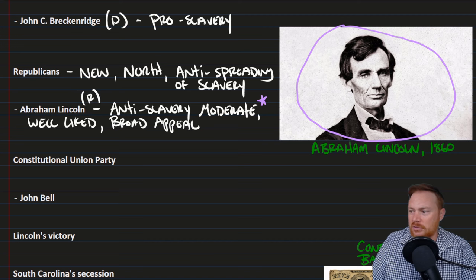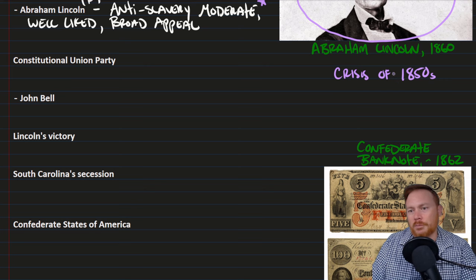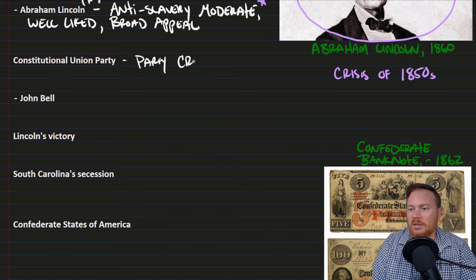Then you have a party that is created overnight, the Constitutional Union Party, and they see the crisis of the 1850s, right? We talked about this in an earlier chapter, how the nation was becoming more and more divided over this particular decade. The Constitutional Union Party is a party created for unity.